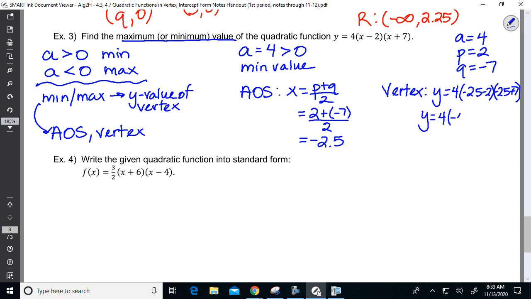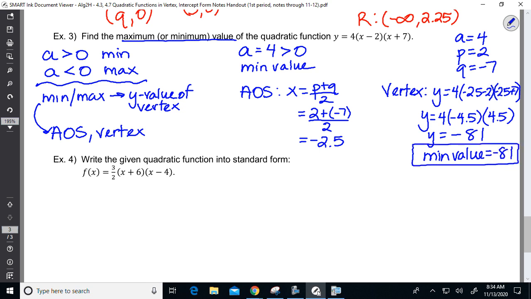That's negative 4.5. 4 times negative 4.5 times positive 4.5. So all of those numbers are getting multiplied together. So negative 81. So your minimum value is negative 81.